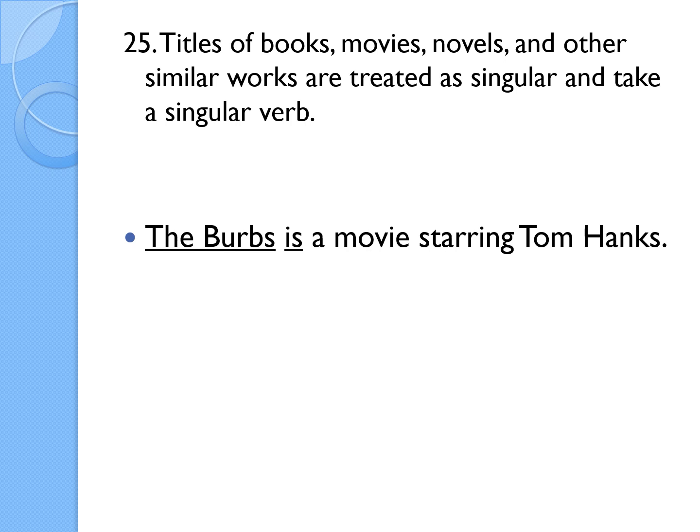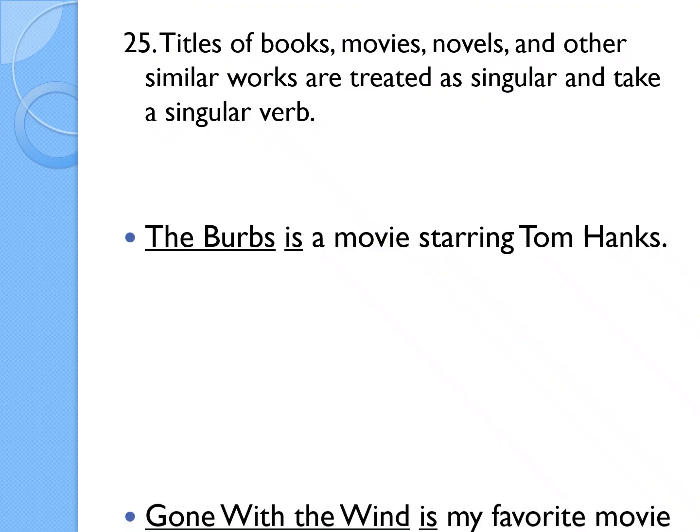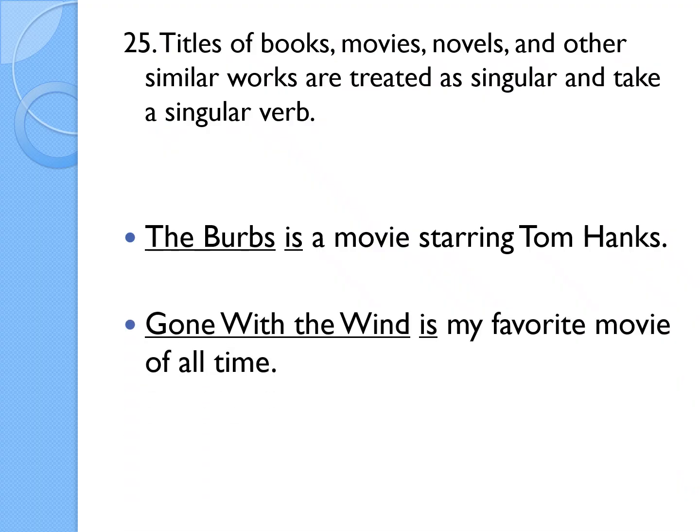Although the word looks plural, since it's just the title of one movie, there should be a singular verb. Gone with the Wind is my favorite movie of all time. Gone with the Wind is also the title of one movie, therefore it must use a singular verb, and that is "is."